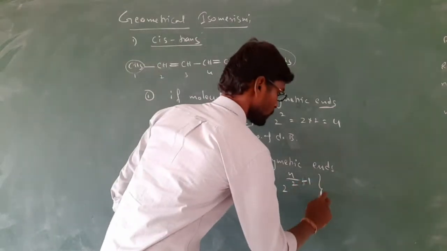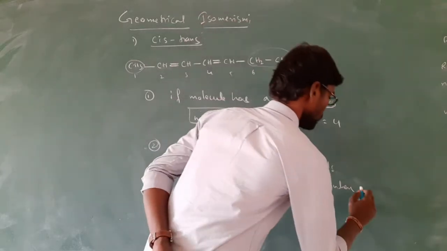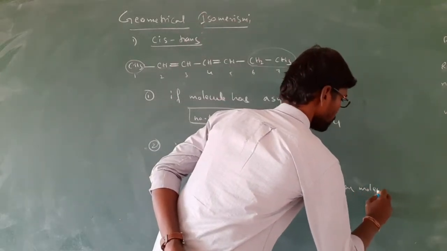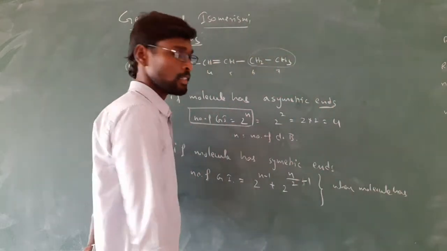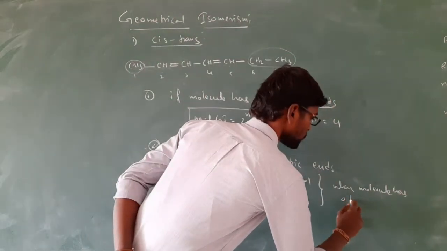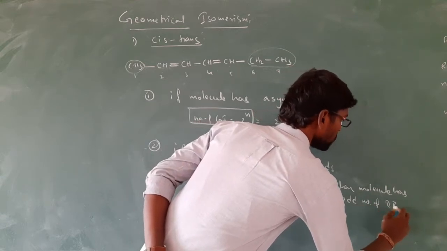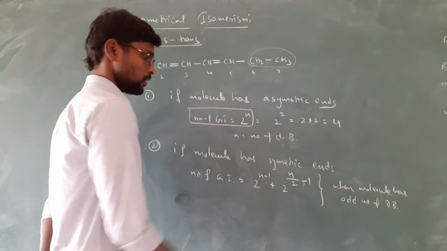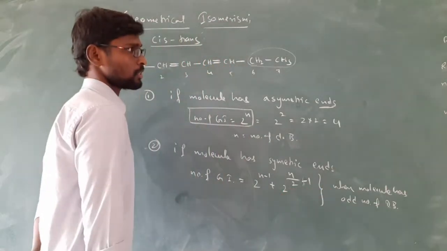This is when the molecule has an odd number of double bonds. Use this formula when the molecule has an odd number of double bonds.